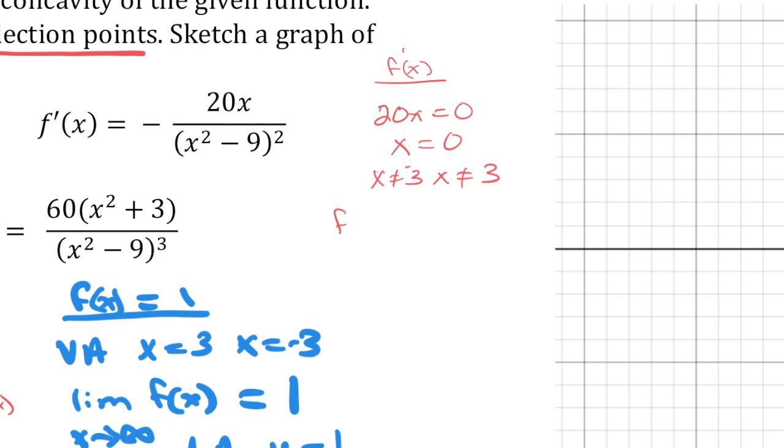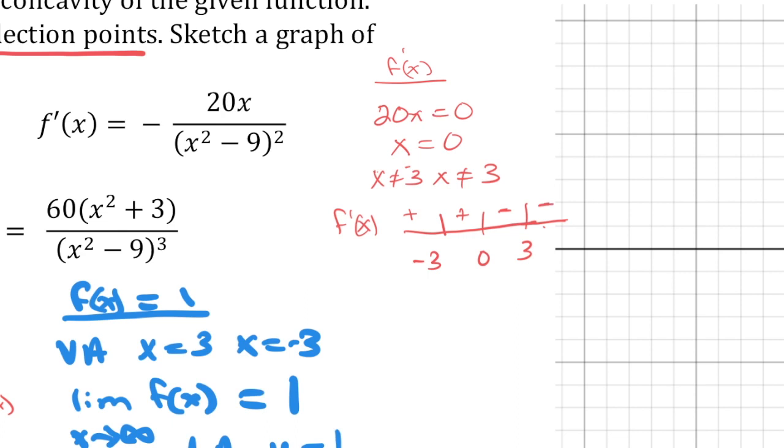So if we were to consider a sign chart with negative 3, 0, and 3 on our sign chart, let's see what we get. Substitution tells us that we are positive to the left of negative 3. Then we're going to be positive between negative 3 and 0, negative, then negative.